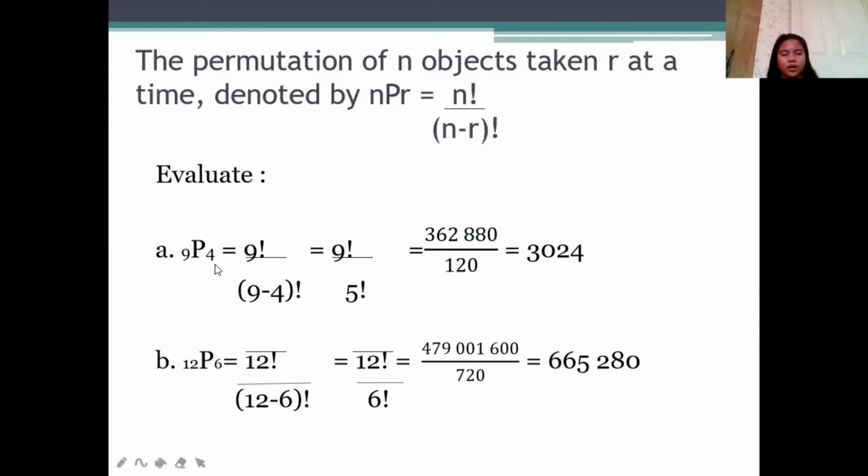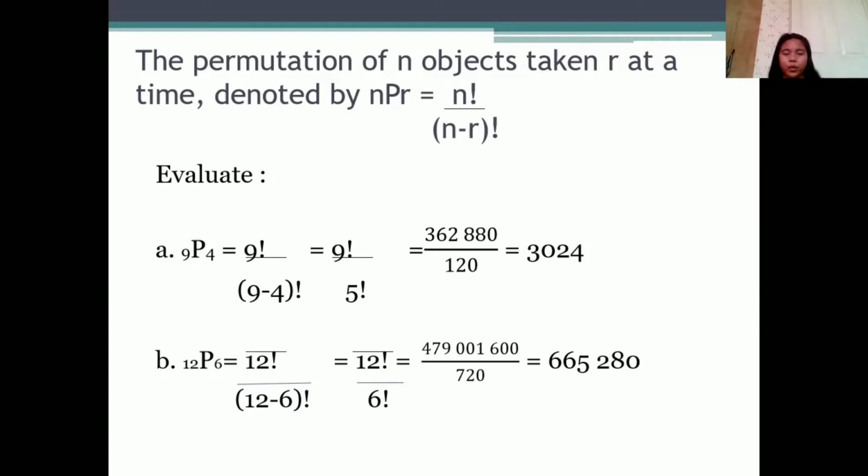So let's evaluate. For example, we have the permutation of 9 taken 4 at a time. So our n is 9. So we have 9 factorial divided by n minus r, which is 9 minus 4, since we take 4 at a time. That is equal to 5 factorial. Then 9 factorial is equal to 362,880, and 5 factorial is equal to 120.